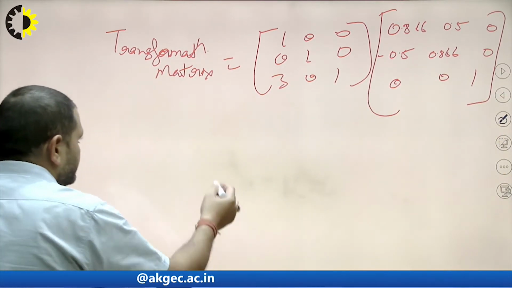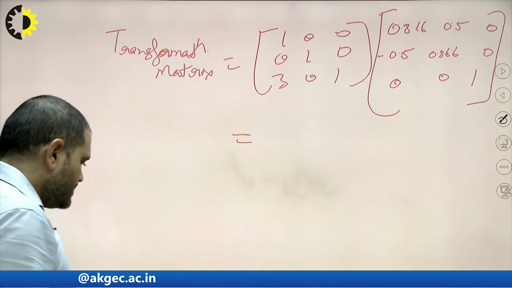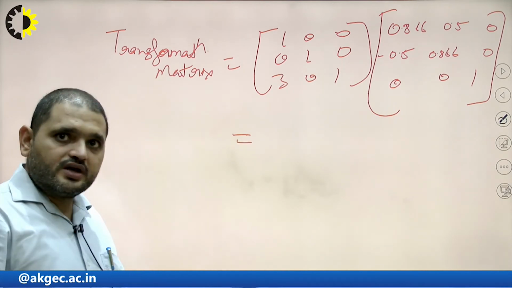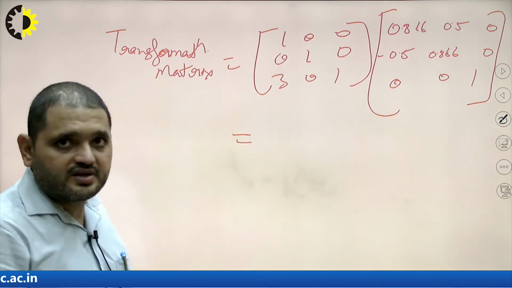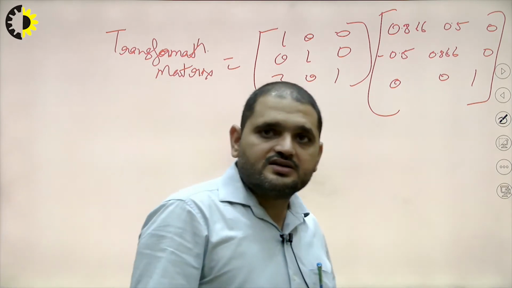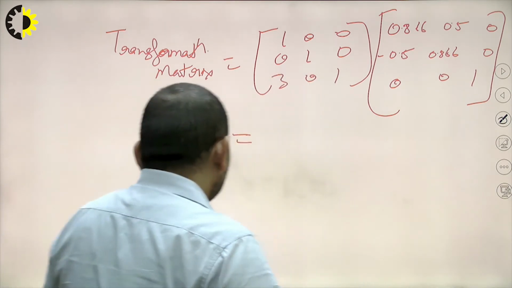The resultant will give us the transformation matrix, and when I multiply the older coordinates with this transformation matrix, it will give us the new coordinates.